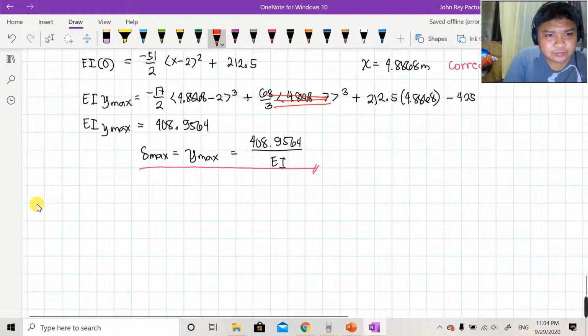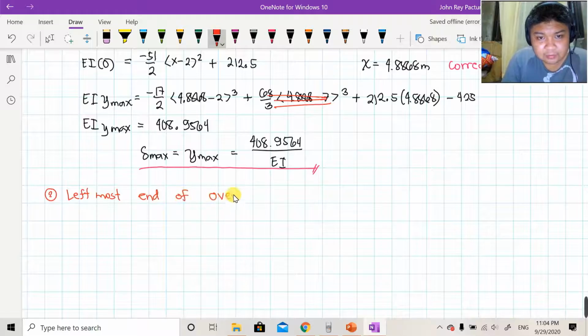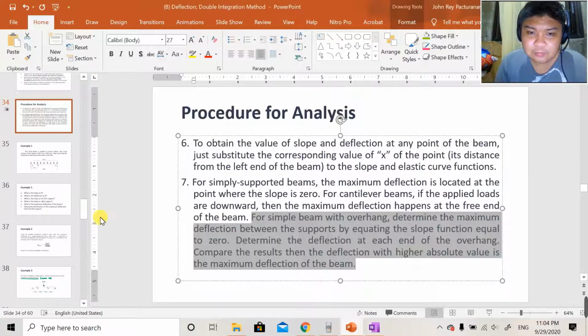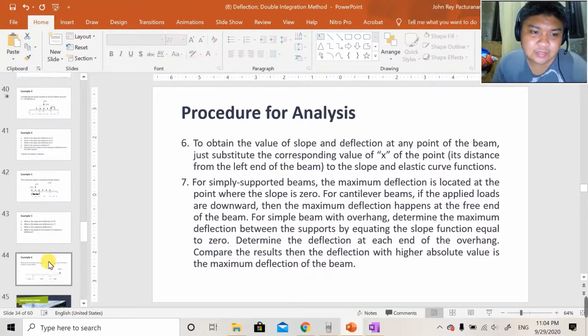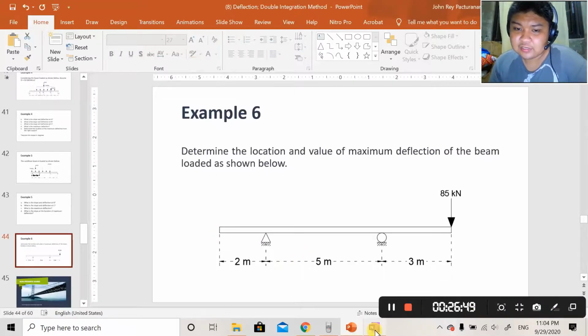So sunod, pangalawa is the leftmost end of overhang. Pero dito, class, wala nang y prime equal 0 dito. Iseset mo agad na yung x equal 0. Wait, paano ko nasabing x equal 0? Malamang, from the problem itself, class, kung titingnan nyo, yung pinakadulo is the start nga nung x. So, di ba, pag dulo, which is ito yung point A natin, ang x nga natin dito, dapat 0.